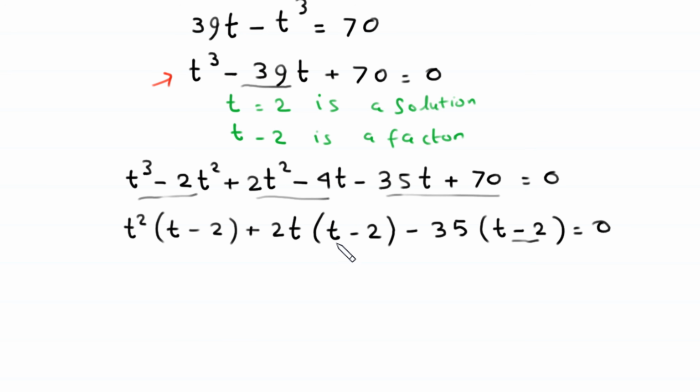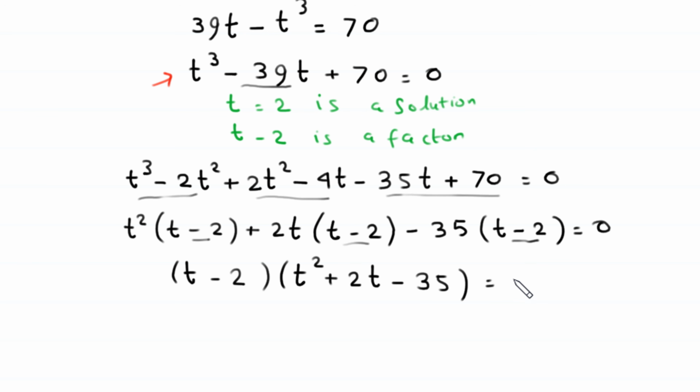This t minus 2 is a common factor, so we factor it out, and in brackets t squared plus 2t minus 35 equal to 0. Now either t minus 2 equals 0, or t squared plus 2t minus 35 equals 0.